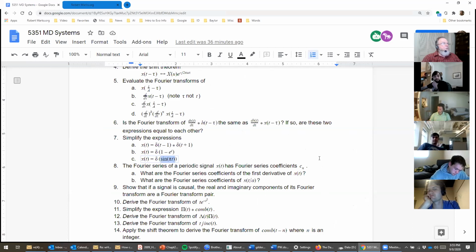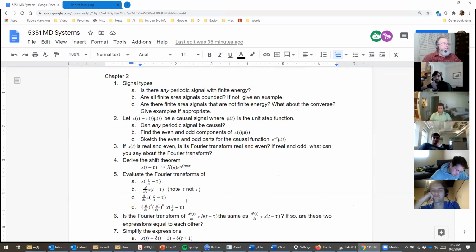Okay, are there any other questions about the homework? Were you able to get these pretty well once we got the clue? I had a doubt there, even with the clue. Oh, you don't like the clue, huh? Okay. I like it, but then for C, we have t over a minus tau.